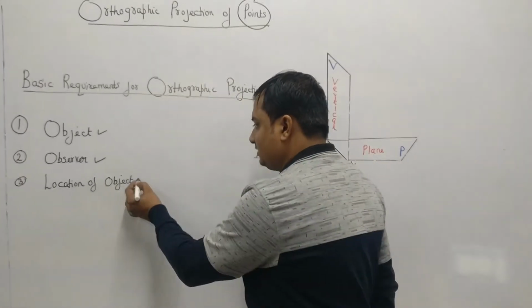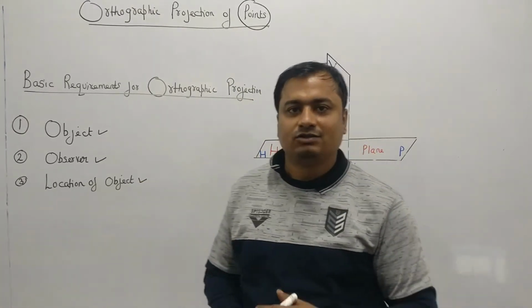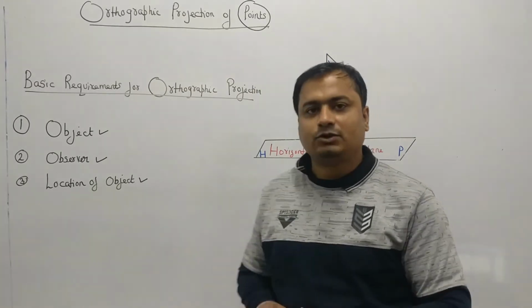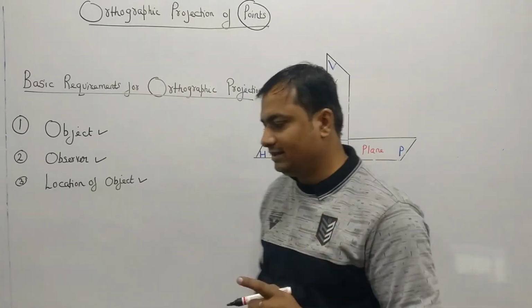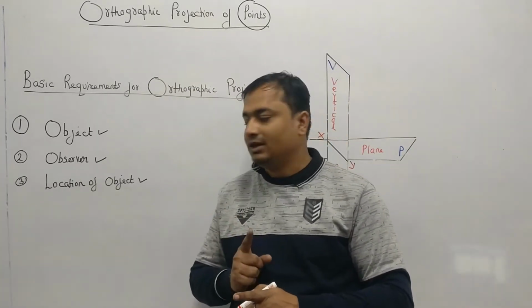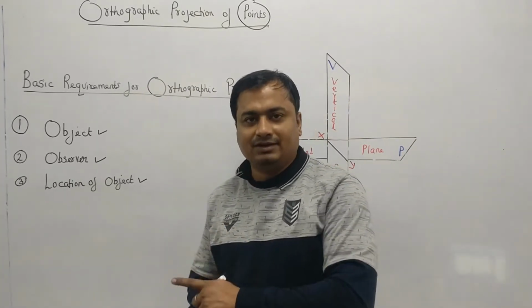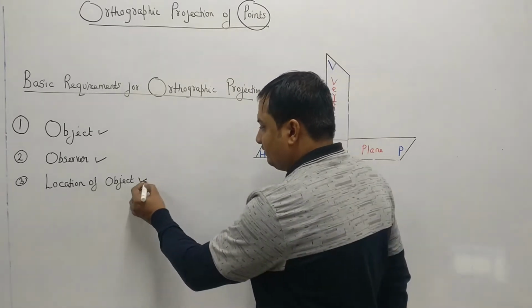Now the third is the location of the object. This is very important. The object is always located with respect to two principal planes. Already I have described this in the last video, so again I am repeating here. The object is always located with respect to two planes.